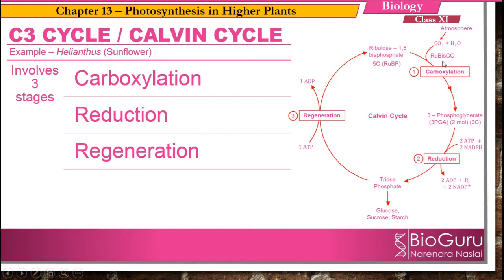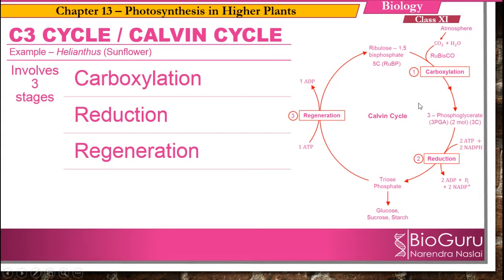Rubisco is the important enzyme over here which catalyzes the carboxylation, where it joins carbon dioxide to the 5-carbon compound, that is ribulose 1,5-bisphosphate, in order to form two molecules of stable 3-phosphoglycerate, right? So the first stable compound formed here is a 3-carbon compound.